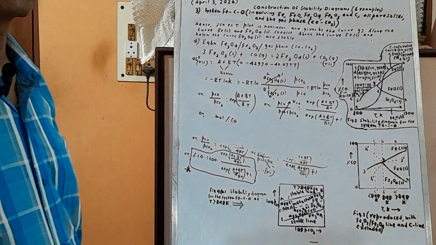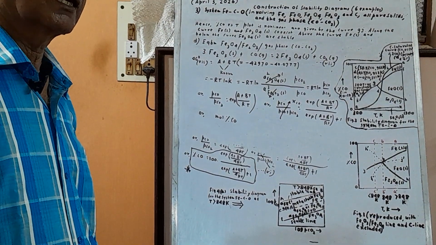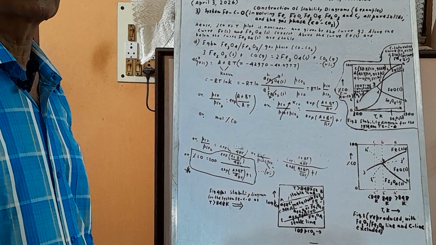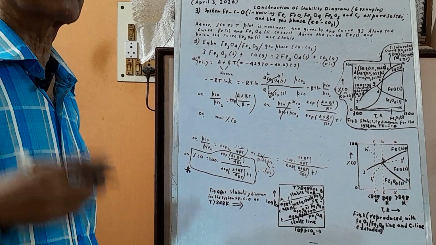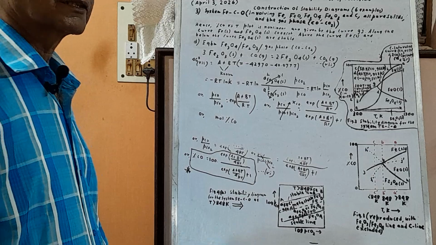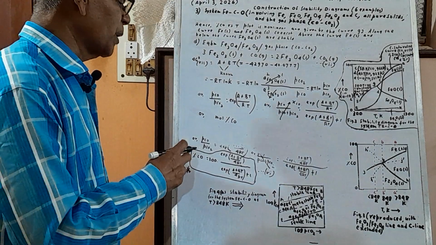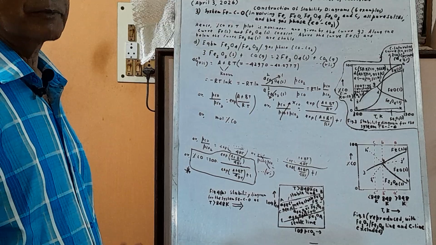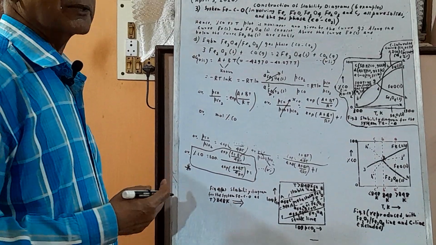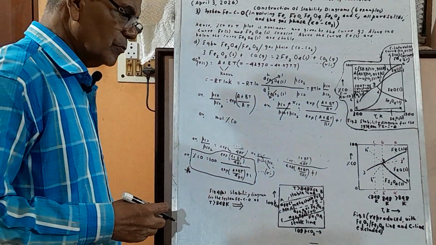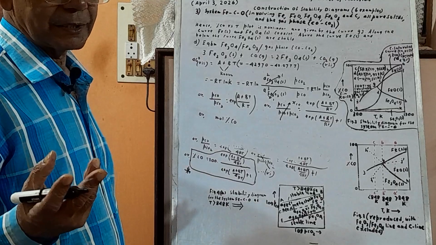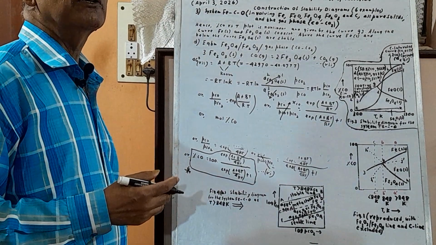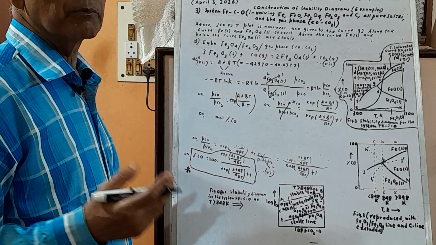Volume percent is a function of pressure and temperature. You have to specify the temperature and pressure. Mole fraction, mole percent, no problem, you don't have to mention. Weight percent is another way, but you have to bring in molecular weight.